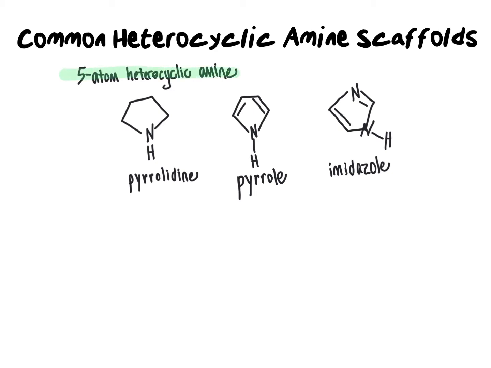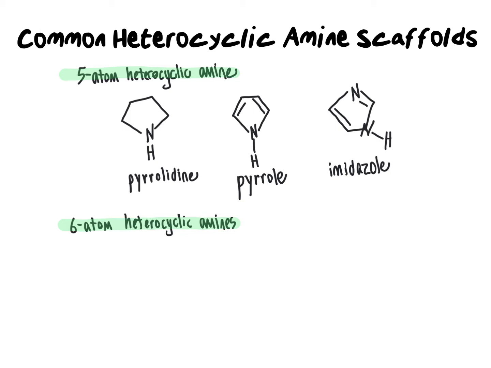We can also look at 6-atom heterocyclic amines as being common and important as well. So taking a look at these heterocyclic amines that have 6 atoms in total in the ring. And by the way, 6 atoms in the ring is generally even more favorable than 5 because it puts the bonds even closer to the ideal 109.5 degree bond angle.